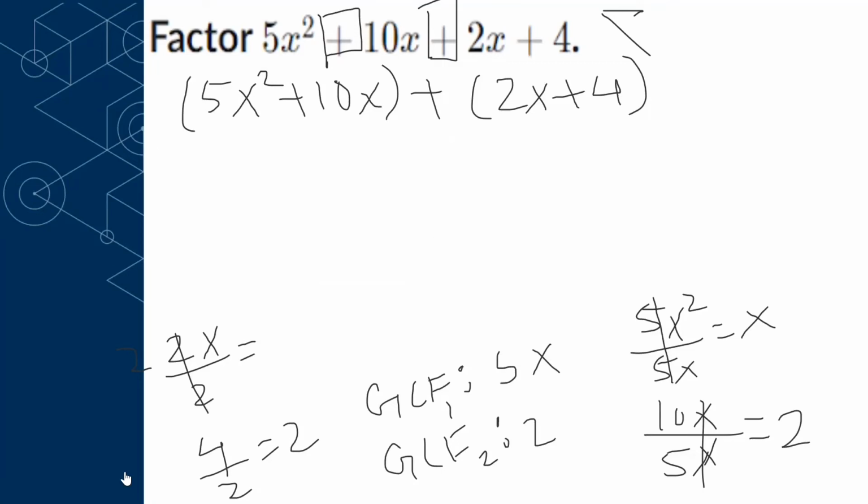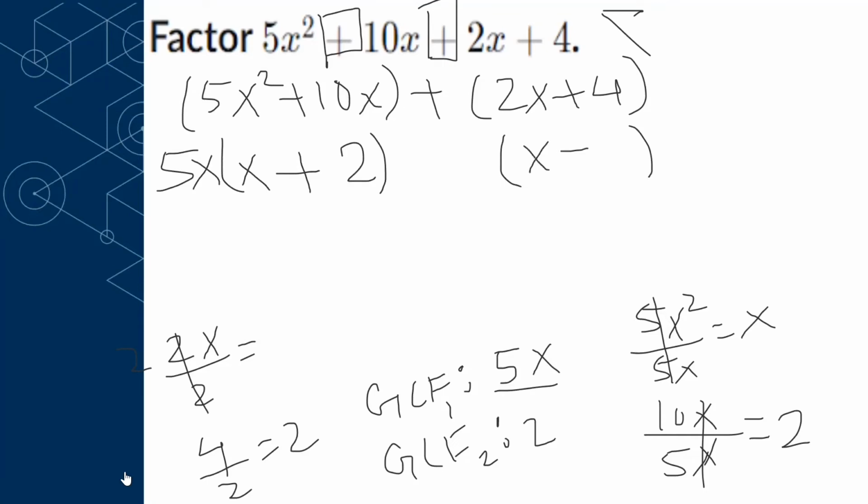And we know that for our first group, the GCF was 5x. And we divided each of the terms using our GCF, and we got x plus 2. And now I'm gonna do something. I'm gonna reverse engineer my way back, right? So if I'm reverse engineering, I'm gonna work backwards by putting the common factor first.